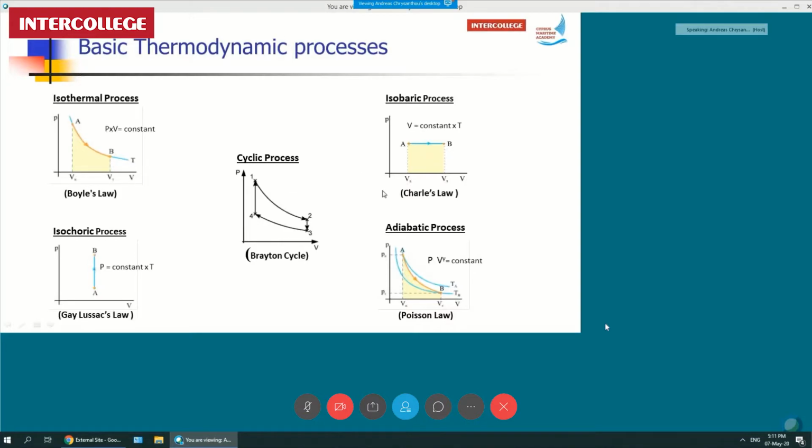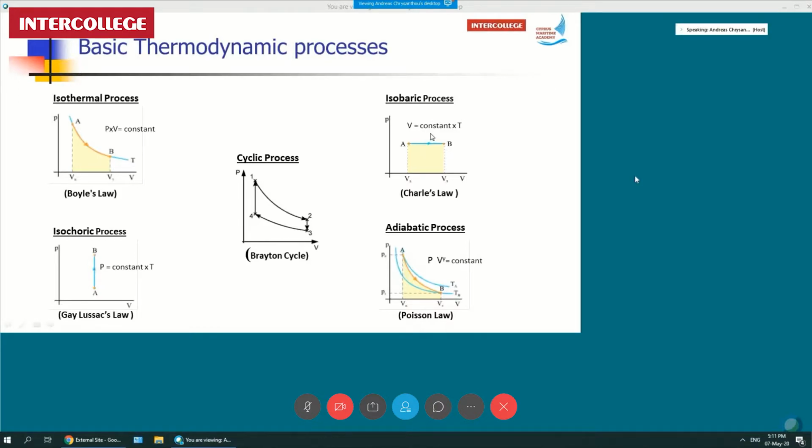Various people have done these experiments, and there we can see a process which runs on a constant temperature line. This is called an isotherm, a constant temperature. And there we can see how this is related. This is in fact called Boyle's law.